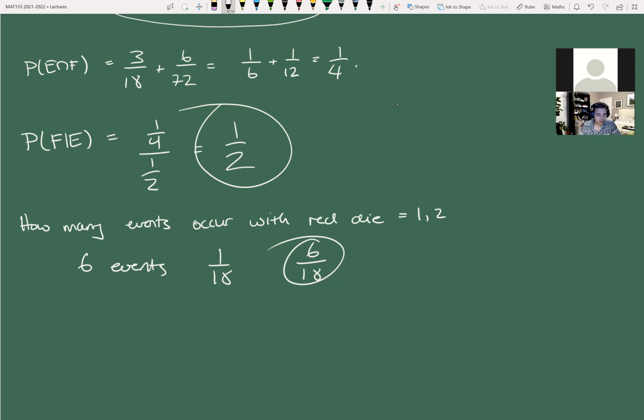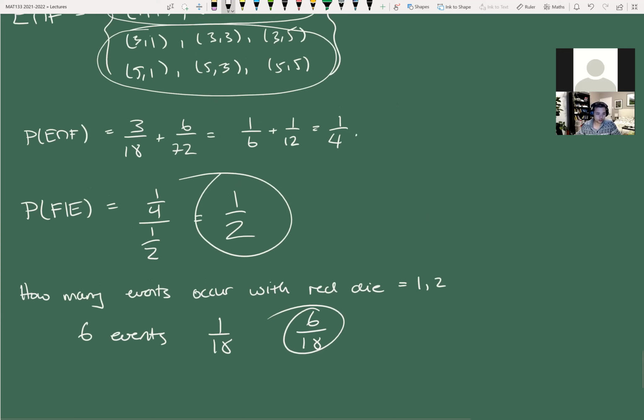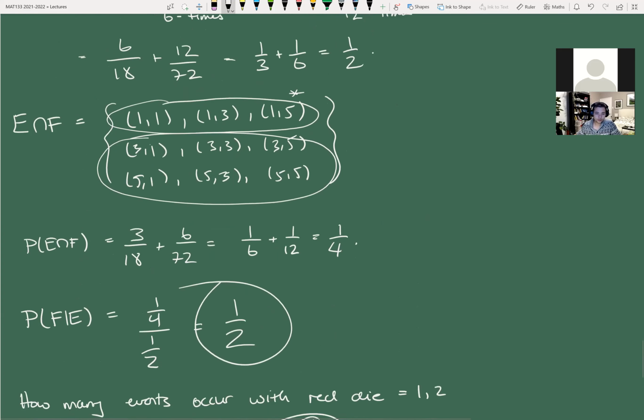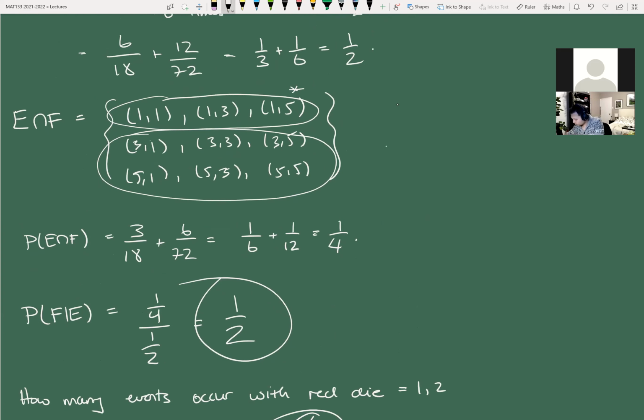How do I get 1/12 for the red, blue in the non-star group? Okay, sure. So for this one, for E intersect F, Sean, is that the one you're asking about? Okay, yeah.